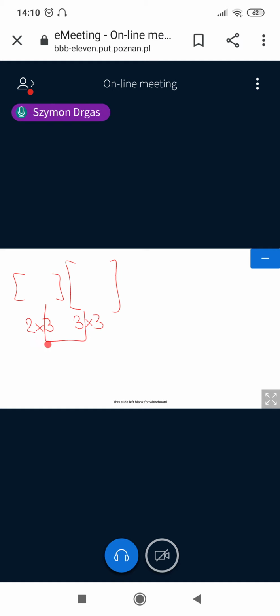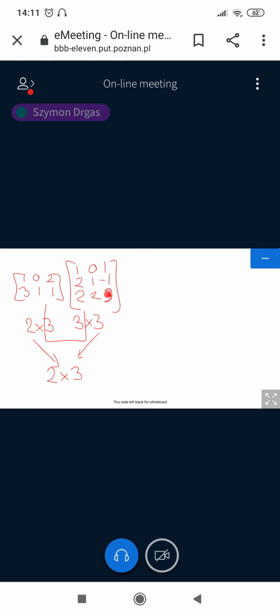Now these two dimensions are the same, so the resulting matrix will be 2 by 3. I will give you some numbers here: -1, 2, 2, 3.